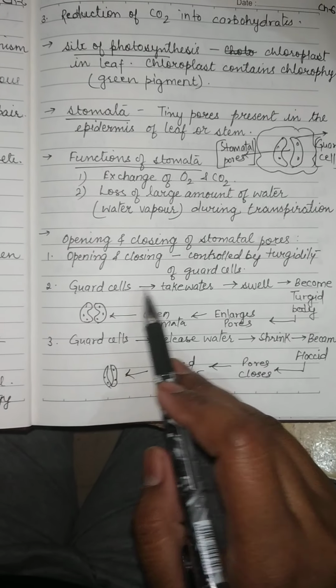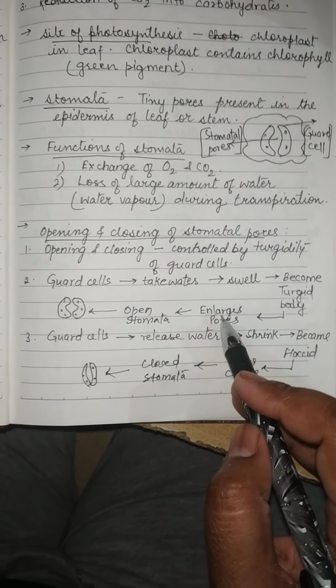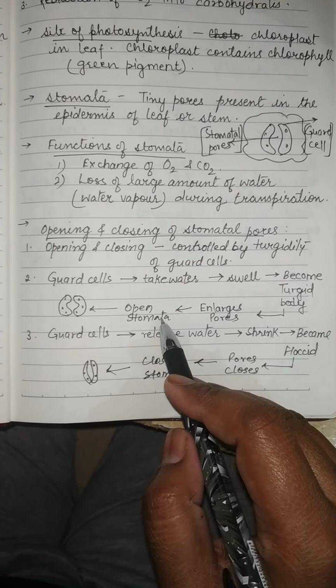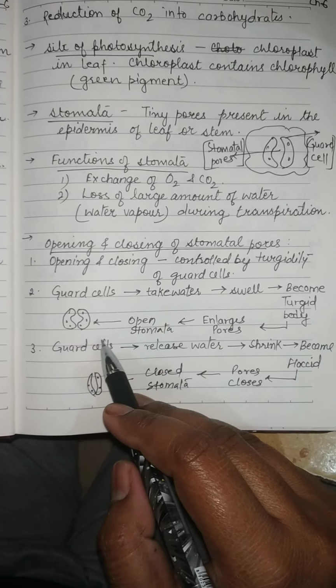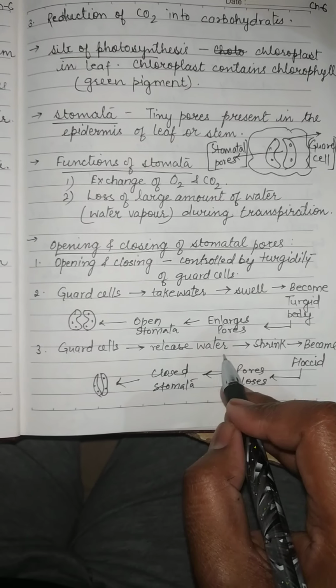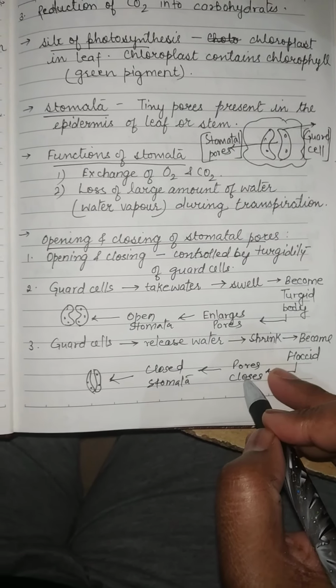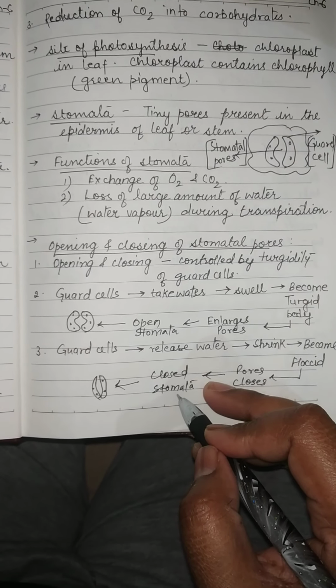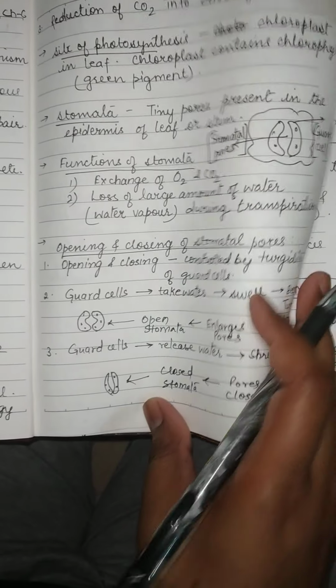Guard cells take water, swell, become turgid, and enlarge the pores. That situation is known as open stomata. Next, guard cells release water, shrink, become flaccid, pores close, and this is known as closed stomata. You can already see this in your books.